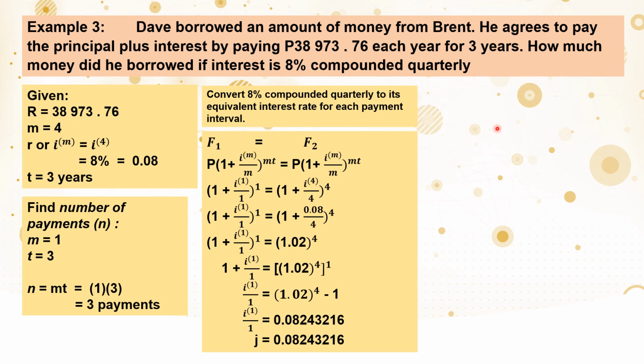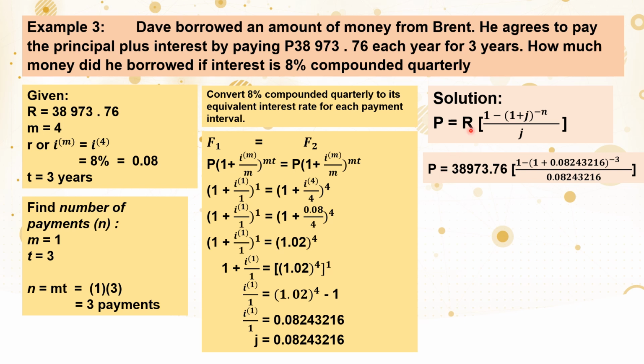the present value using this formula. So, present value now is equal to, our R is 38,973.76 times the quantity 1 minus the quantity 1 plus yung J natin, which is 0.08243216 raised to negative N, where N now is 3, over our J, which is 0.08243216.